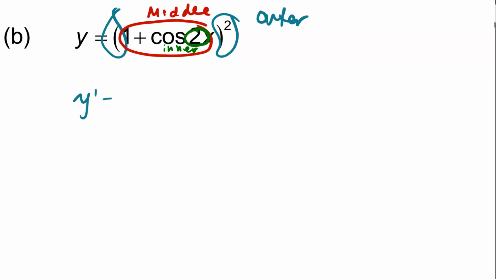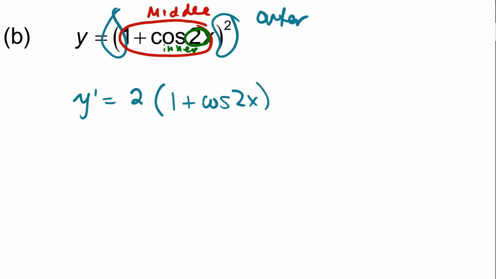So y prime, derivative of... okay, I have the 2, I bring it down, and then I just take 1 away from the exponent, so 2 minus 1 is just 1. I don't need to write 1 as an exponent, it's just implied. Now I need to deal with the middle. Without saying anything, think, what is the derivative of 1 plus cosine of 2x? Exactly. The derivative of 1 is just 0, I ignore it.